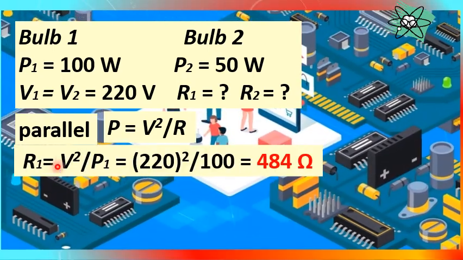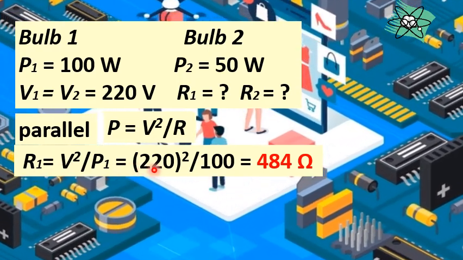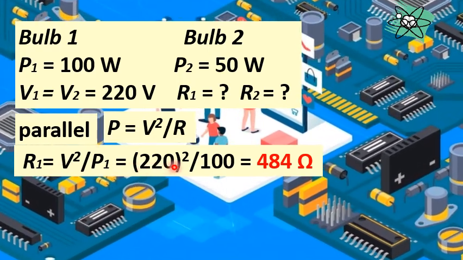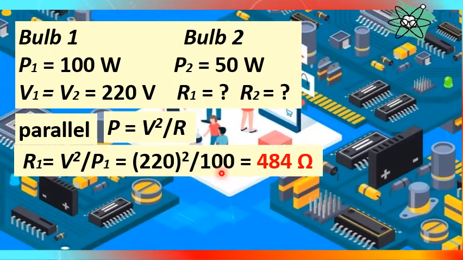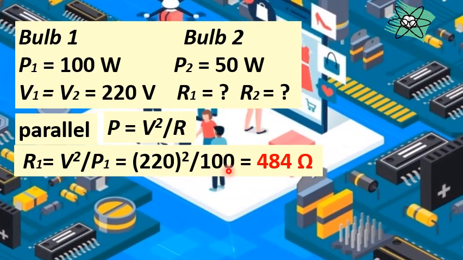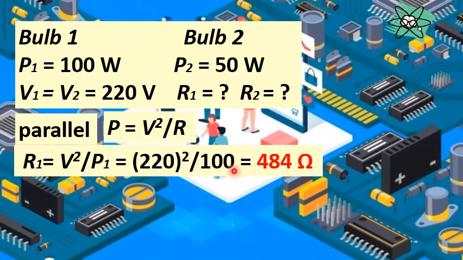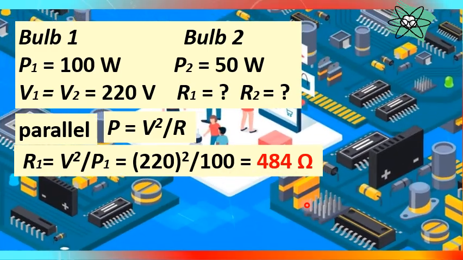For bulb 1, its resistance R1 is just equal to 220 volts squared, and that will be divided by its wattage of 100 watts. So doing our math, we will get the value of R1 equal to 484 ohms.